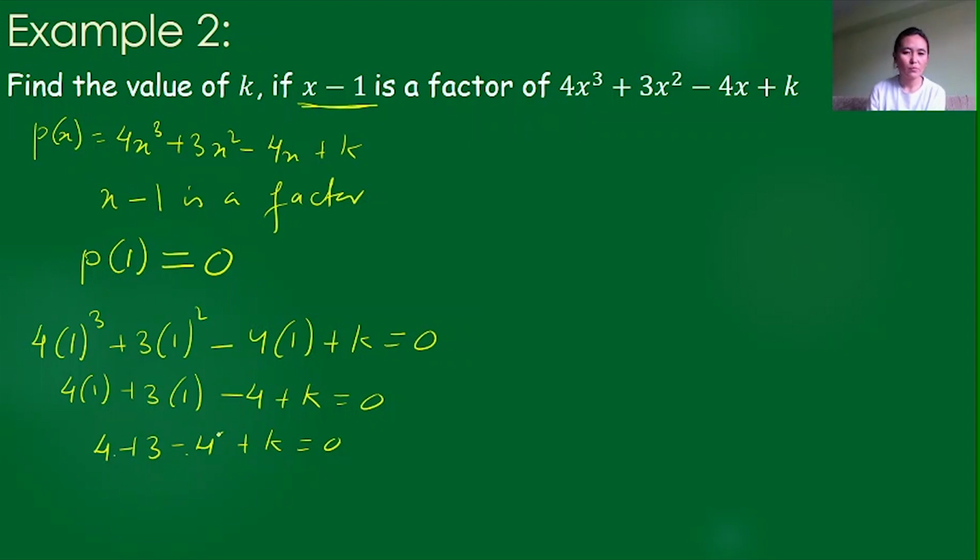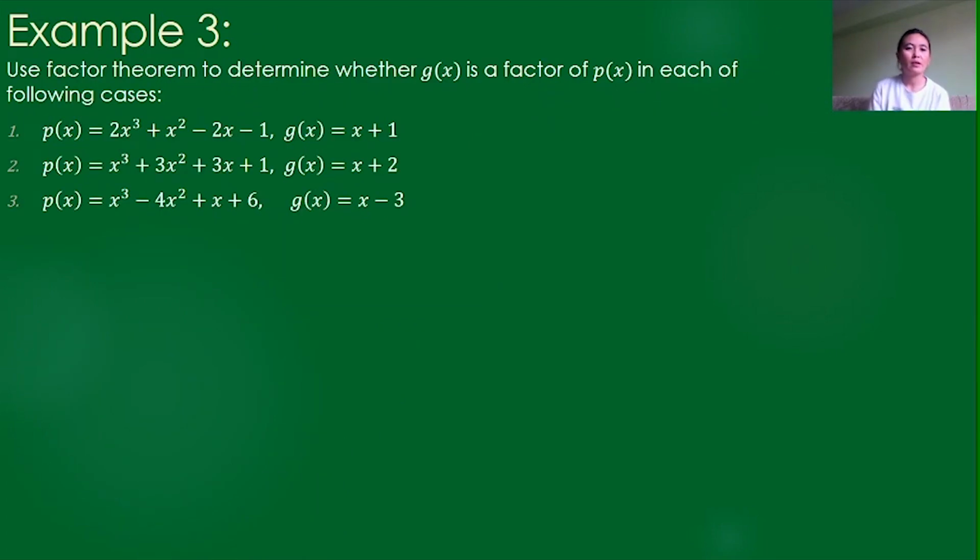And 4 minus 4 is 0. So we are left with 3 plus k equals 0. Now this implies k is equal to -3. Now this is a different type of question based on the factor theorem. Okay, now let's move on to the third example.